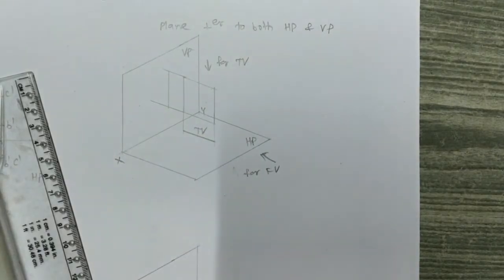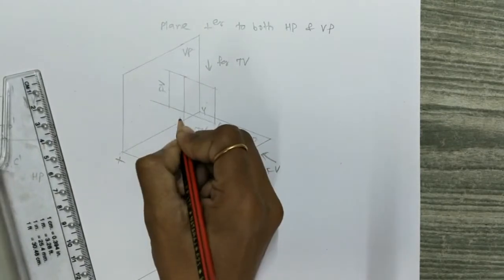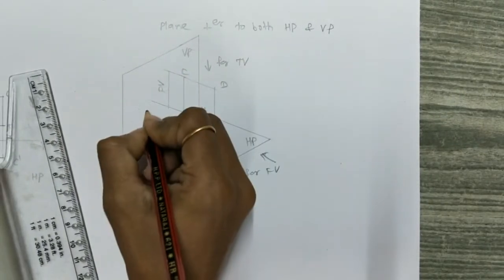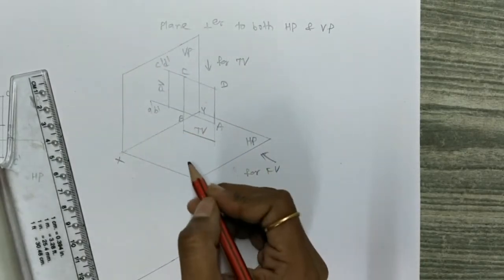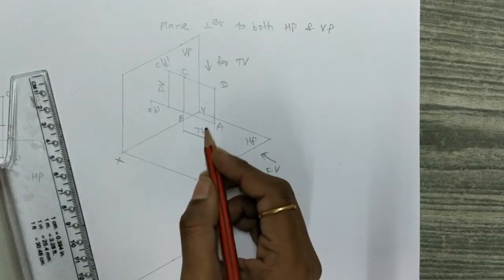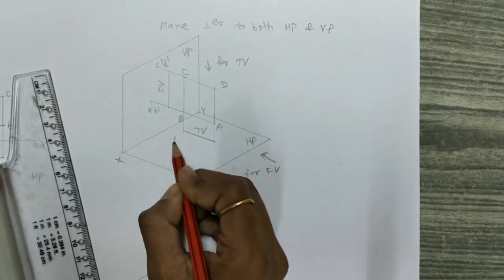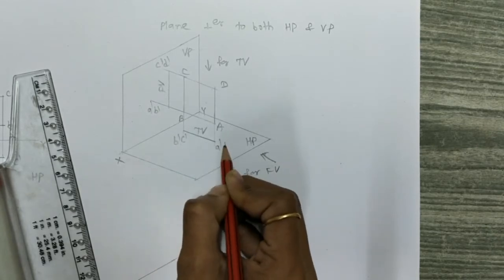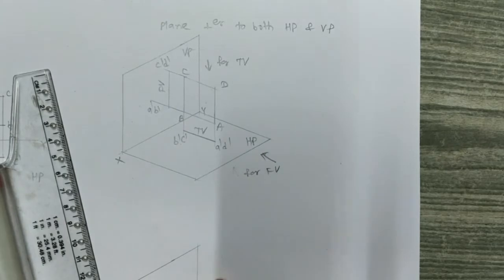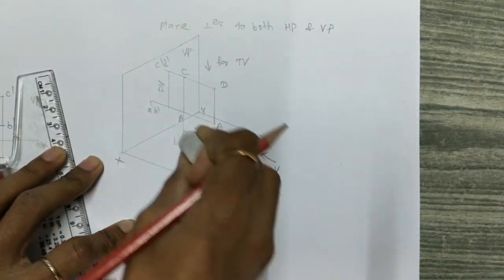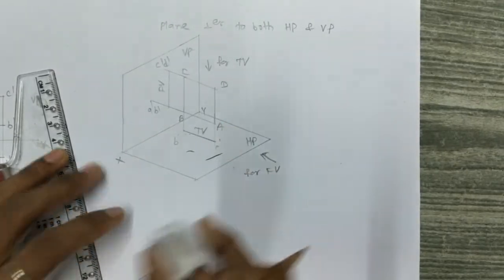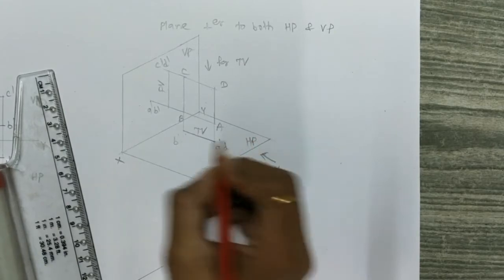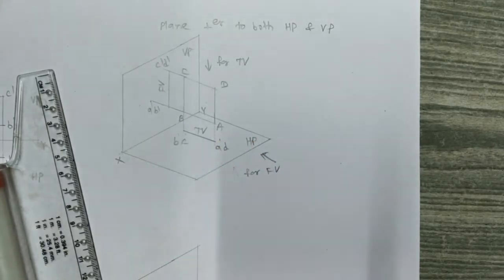This is top view and this is front view. Give name to plane A, B, C and D. So here A dash, B dash and here C dash, D dash for front view. And for top view, give name B, C and here A, D. Sorry, this is top view, so we will not give dash. So A, D and B, C, not dash.